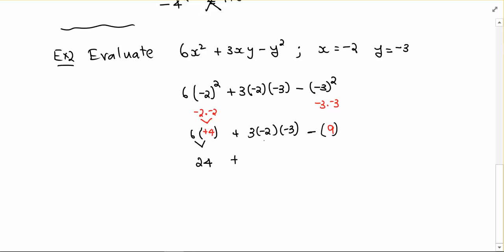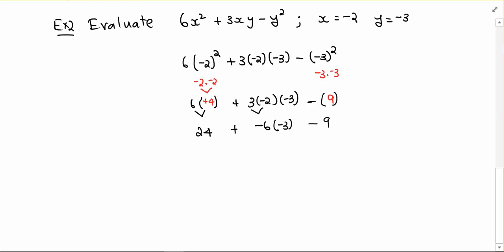Again, I'm going to work this from left to right. So first, 3 times negative 2 is negative 6. Might take 2 lines to do that one. So 24 plus 6 times 3 is 18, and negative times negative is positive, minus 9.